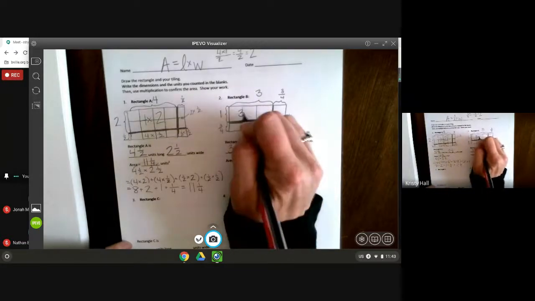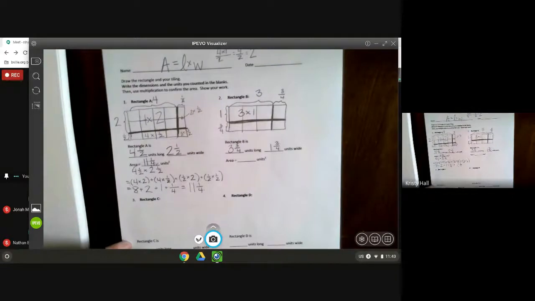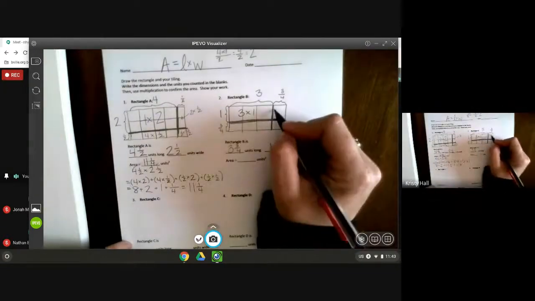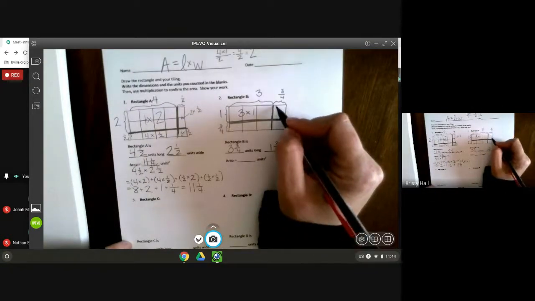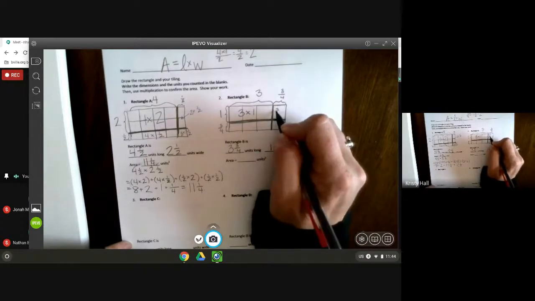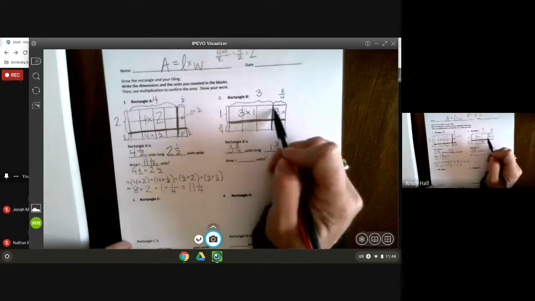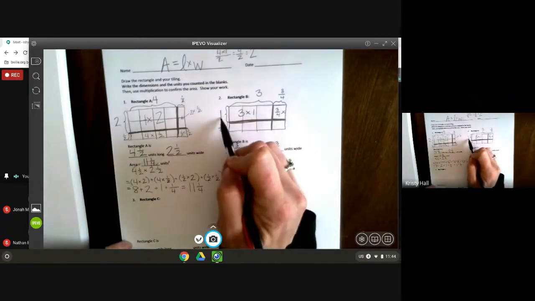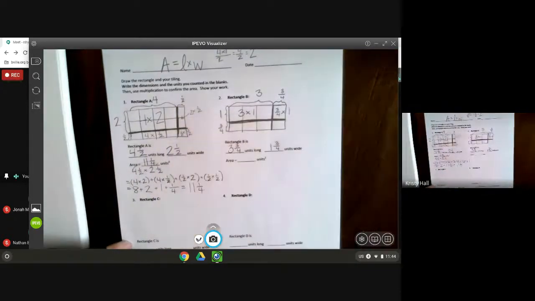So this is 3 times 1. If I was looking for the area of this box right here, I would be multiplying 3/4, which is the length, times the width, which is the same as this one, that's 1. So 3/4 times 1.